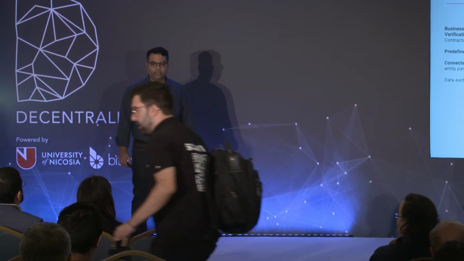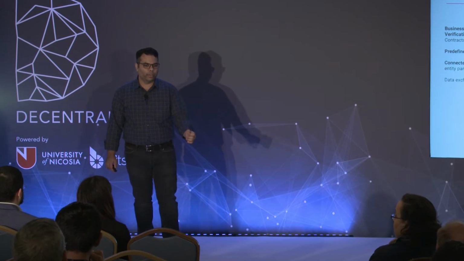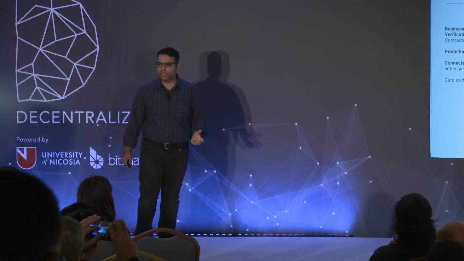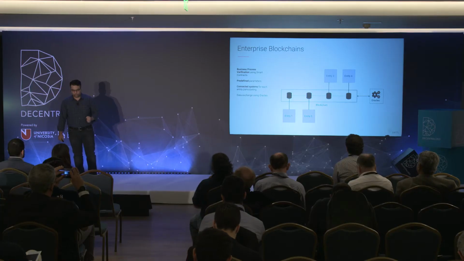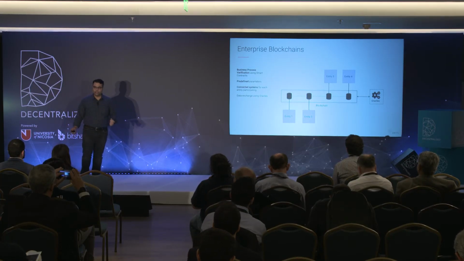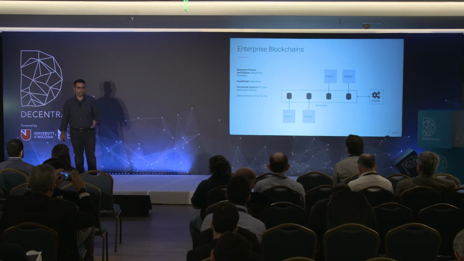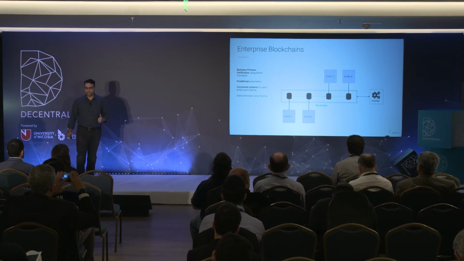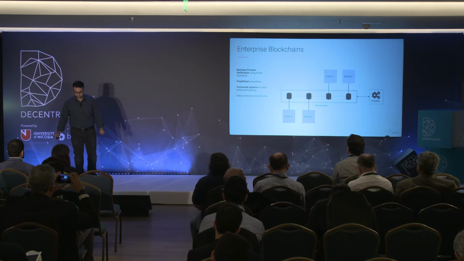And then finally, we connect a few systems to this blockchain so that those parameters can flow in. For example, in a typical supply chain blockchain, these systems could be inventory, could be payments, and so on. And finally, to make this data exchange between the blockchain and these external systems possible, we have oracles. So this is a generalized setup of an enterprise blockchain, no matter what platform you use.